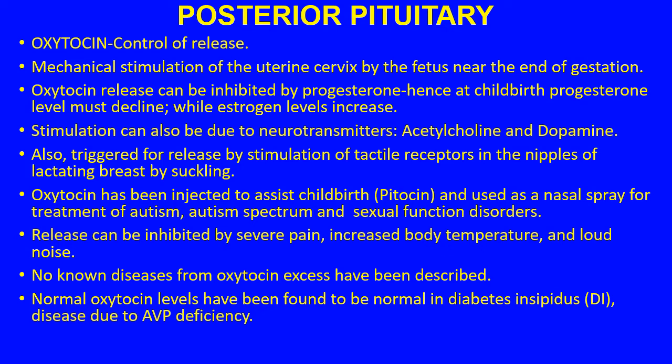It has also been found that oxytocin has been used as a nasal spray for the treatment of autism, autism spectrum, and some sexual function disorders. Now, if you have to think about it, the nasal spray is applied. Keep in mind that oxytocin, if you directly injected it, might not get really to the brain area that you want. Okay?